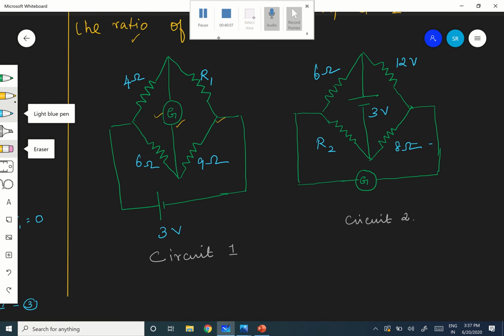Now, what is the balancing condition of Wheatstone's bridge?